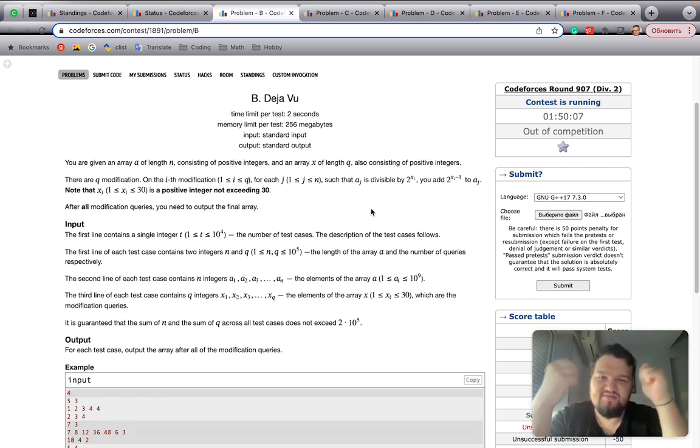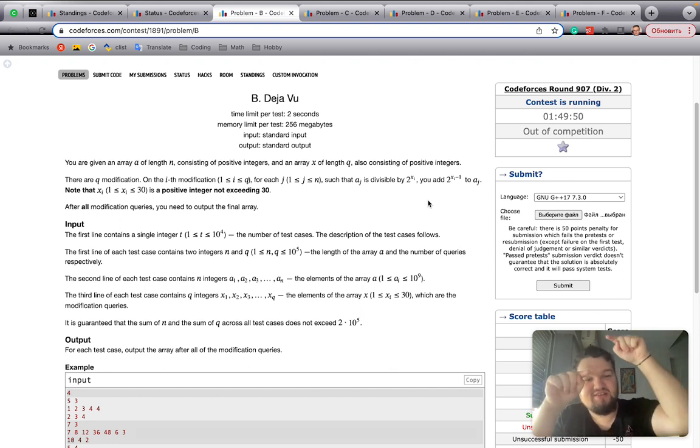Okay, so basically, if we're looking at the binary representation, if the number has at least x zeros in the end, then we change the first of those zeros to 1. So the only thing that can happen is changing some 0 to 1.